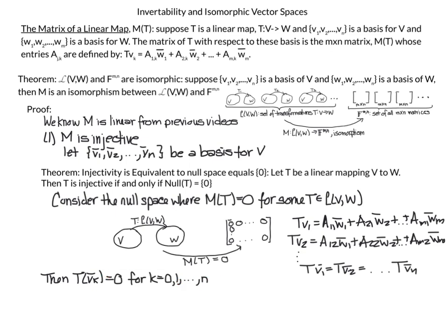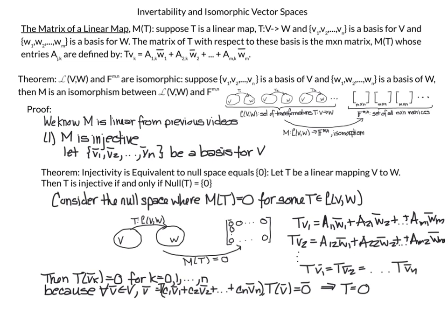And because any vector in V can be written as a linear combination of our basis vectors, all of our vectors are going to be transformed to the 0 vector. That is, for all vectors V in the vector space V, V can be written as a linear combination of our basis vectors. So when we take the transform of this linear combination, because it's linear, it all works out to be equal to 0.